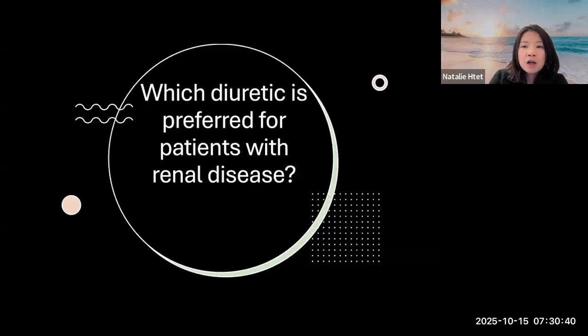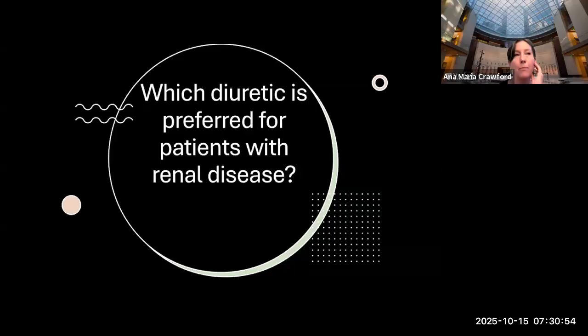If patients are diuretic resistant, meaning you've given a high dose of your diuretic, what's the next step? Dr. Crawford, do you have any tips and tricks when patients become diuretic resistant? Well, you already mentioned adding metolazone to loop diuretics. Sometimes we'll use continuous infusions.